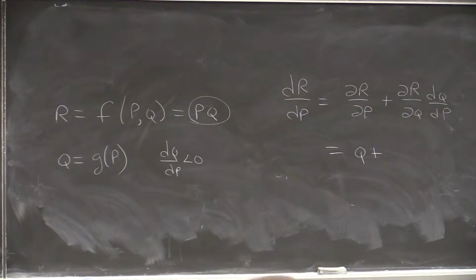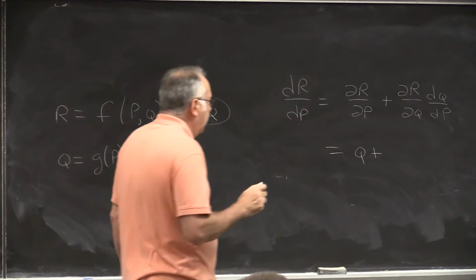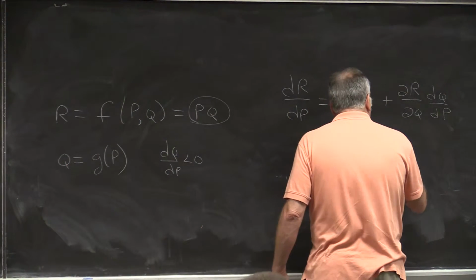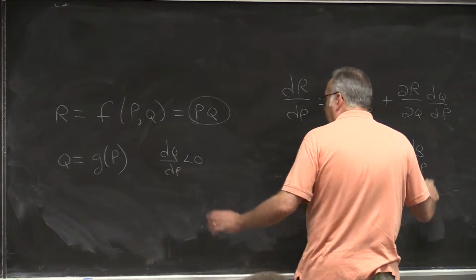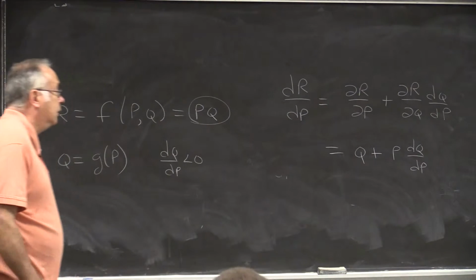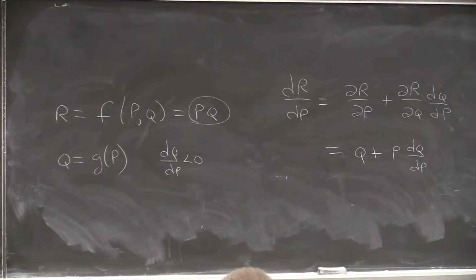P. And dQ/dP we'll just leave as it is, because we didn't specify what this demand function was, so just leave it like that. So the total derivative of revenue with respect to price is Q plus P times dQ/dP.